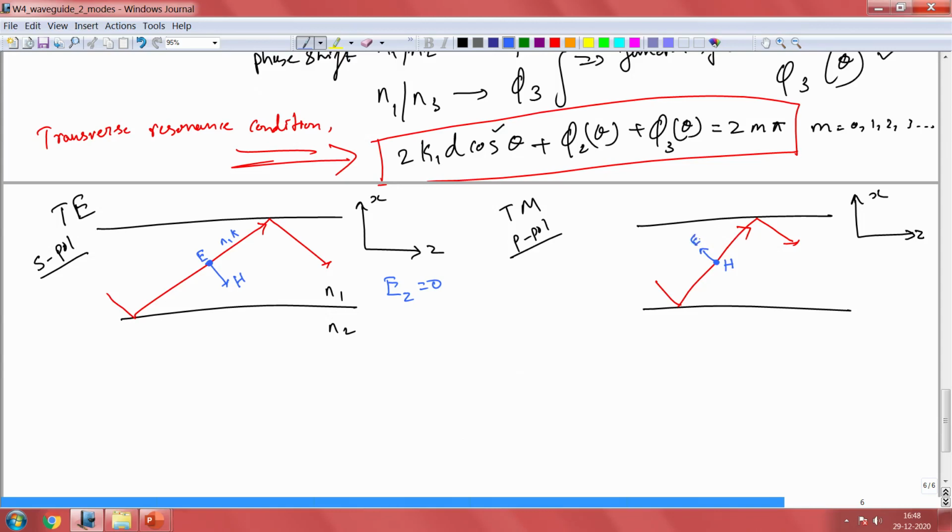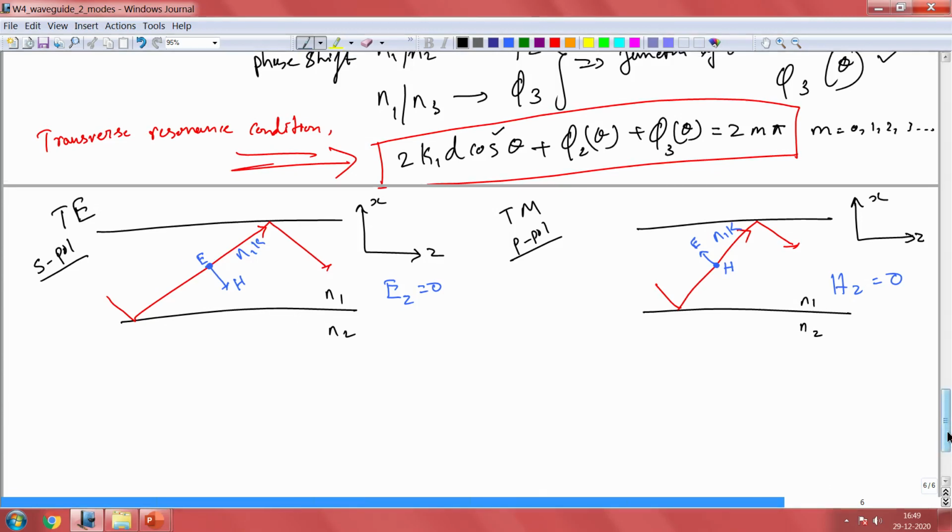This is what we have as E and N1 k. So, in this case your magnetic field points in the y direction, and for this particular polarization your Hz will be equal to 0. This is the difference between the two polarizations and how they propagate through the system.